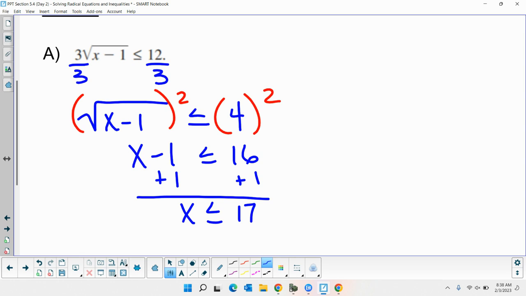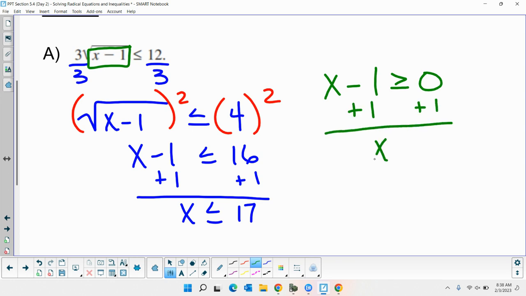No negatives. So what I have to do is take this and make sure it's greater than or equal to 0. Okay, because it can't be a negative. It could be 0 or a positive. So that's why it's greater than or equal to 0. And so my answer is all x values greater than or equal to 1 and less than or equal to 17.